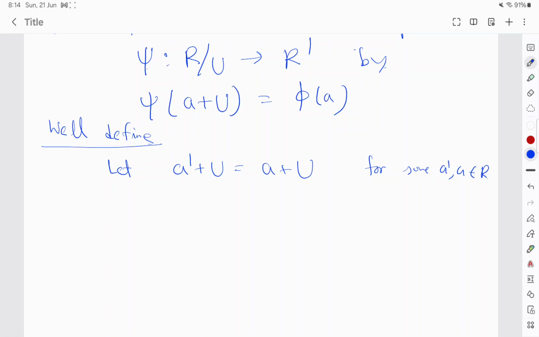Then this implies a dash minus a belongs to u.